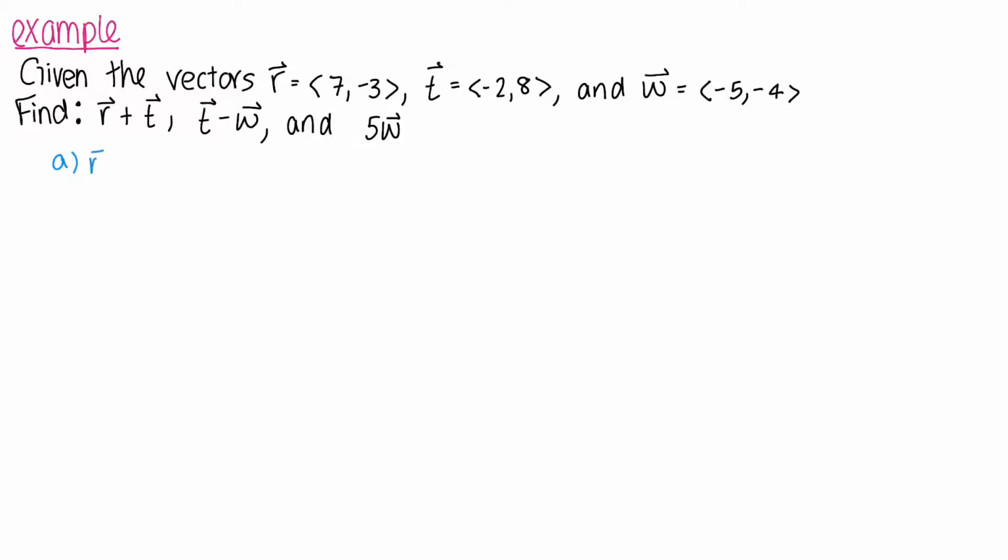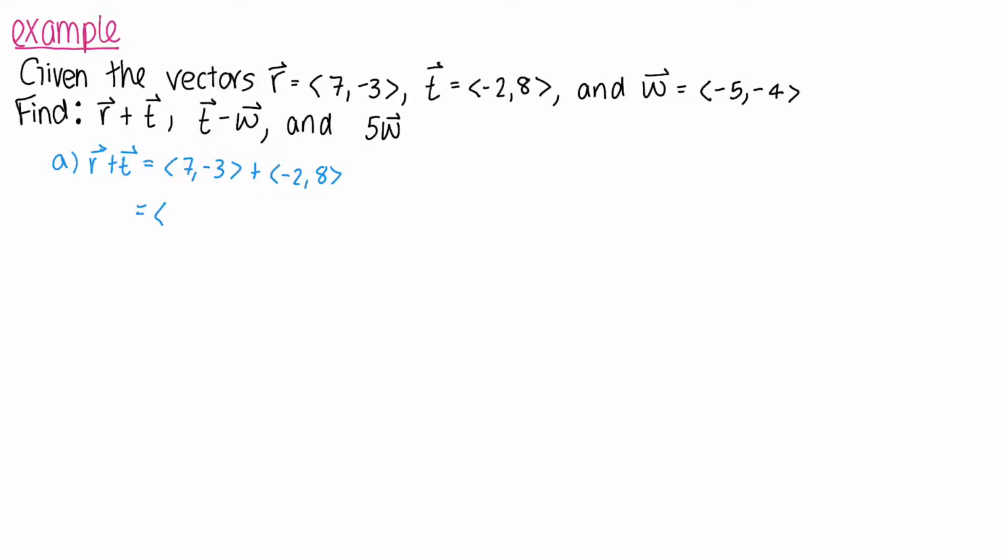So let's do r plus t first. All right. So r is 7 comma negative 3, and t is negative 2 comma 8. We're going to add the components together.